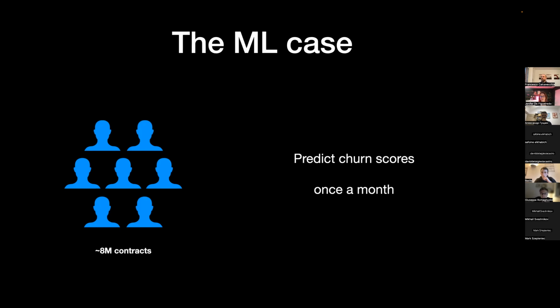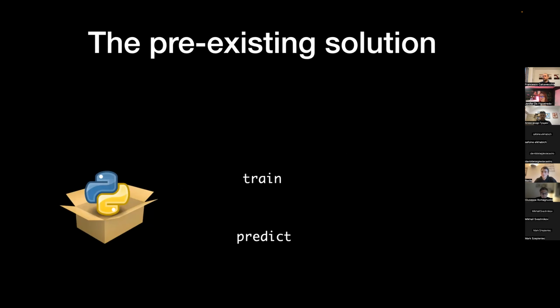And for marketing reasons and other reasons, it's interesting for the business to know what the churn scores are, so what is the probability that that contract will be ended in the future. They want to have these churn scores once a month. And this is basically what the business context is about. I think it's sufficient for most of you.